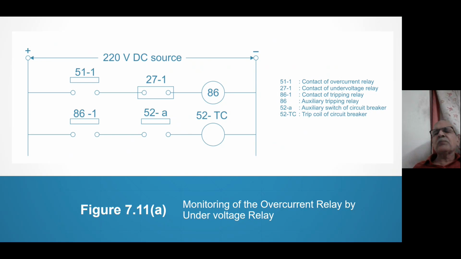The philosophy of setting the earth fault relay is different. However, the construction of both the relays, earth fault relay and overcurrent relay, is the same, but the philosophies are different, and therefore we have to learn that philosophy. Therefore, we'll see that in session 7.